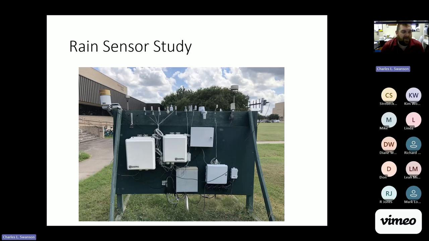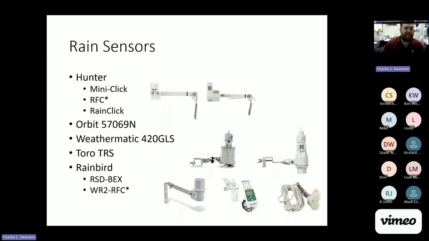Is it a wired model, or is it a wireless model? And there's lots of different manufacturers and models of rain sensors out there, but there isn't a whole lot of understanding about how these work and how much water they save. And so we've been looking at this in our program for a while.